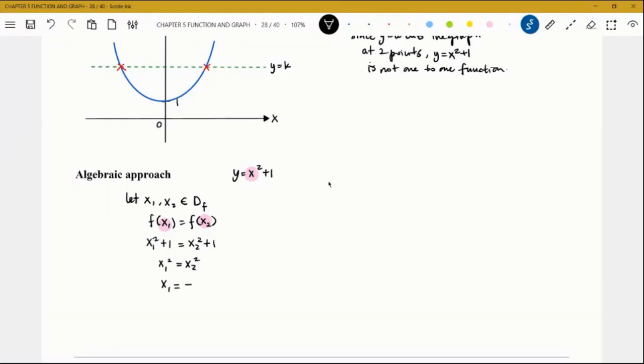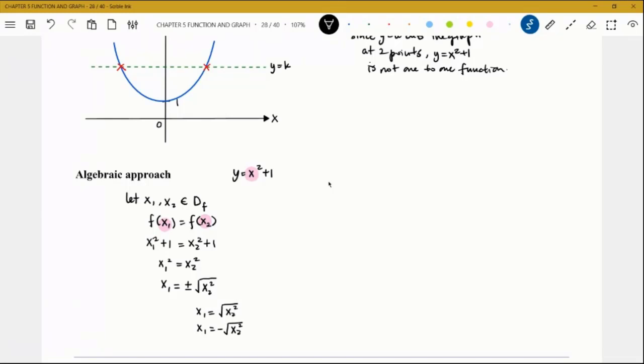So we should have plus minus square root of x2 squared. Here, since we have plus minus, it means we have two values. Okay, it means your x1 equal to positive x2, and then x1 also equal to negative x2. So we have two values.